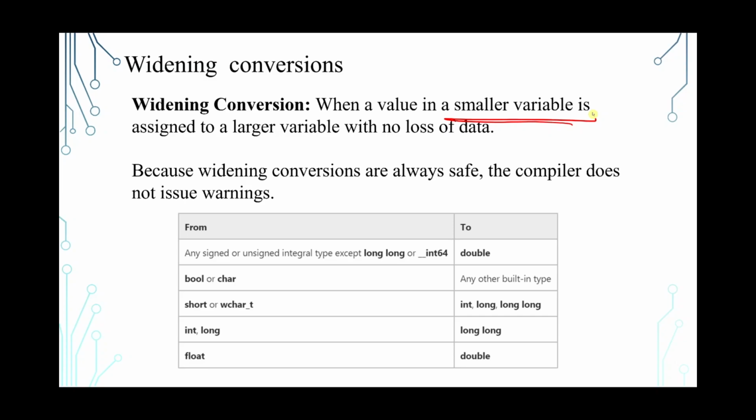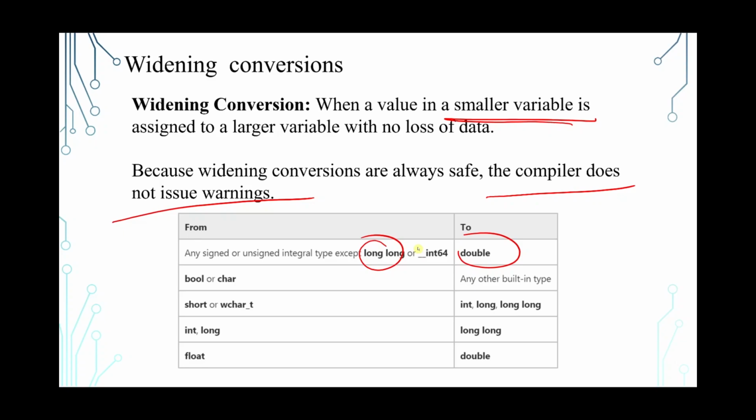Because widening conversions are always safe, the compiler is not going to issue any warnings. If you assign something from long to double, that is going from a whole number to a double floating point number, which is adding more precision.